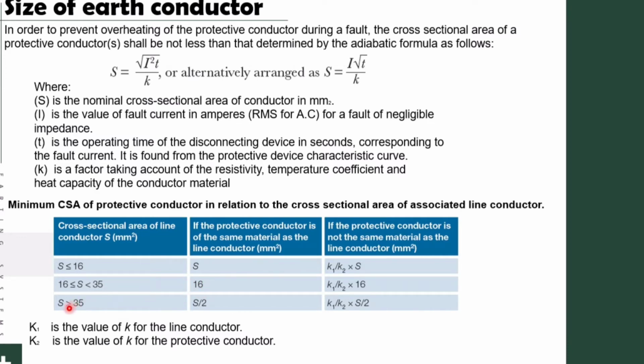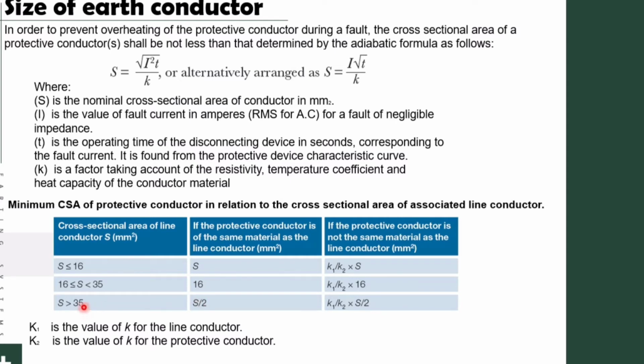Finally, if the size of the line conductor is more than 35 mm², I will divide the cross-sectional area of the protective conductor by 2.